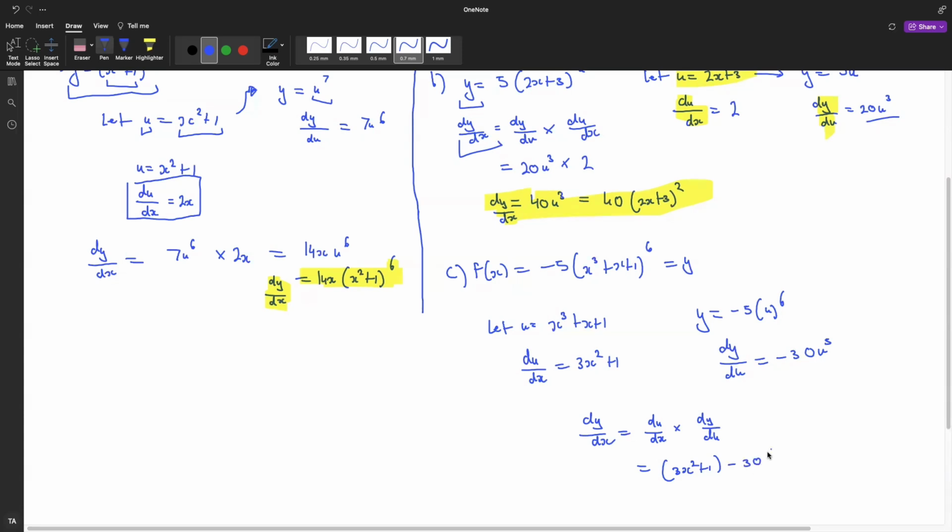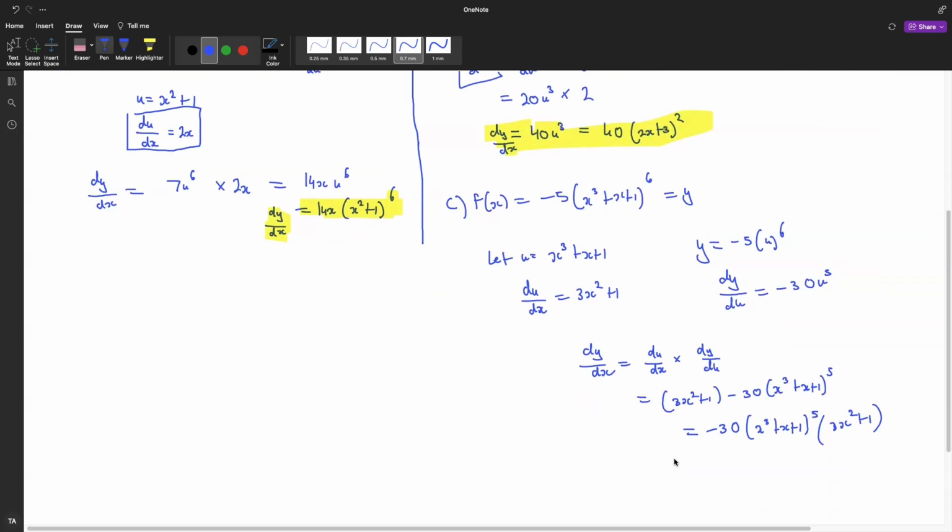And our u is x cubed plus x plus 1. So rewriting that, you would have -30 (x cubed plus x plus 1) to the power of 5 times (3x squared plus 1).